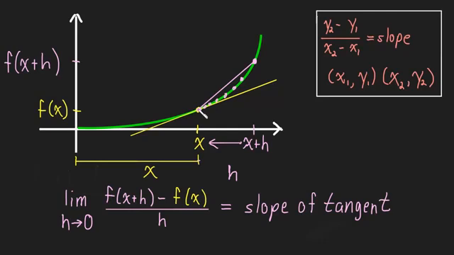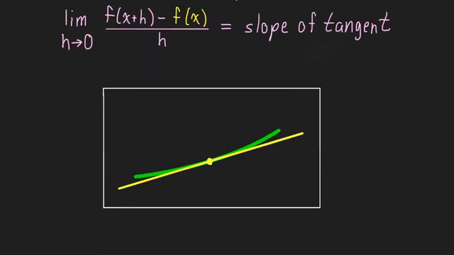Now, to help you understand that, what I want to do is isolate a small section here, just right around that point of tangency, and take a look at it bigger. So here's the graph in green and the tangent line in yellow. And what happens is our estimation point is coming in closer and closer as h approaches 0.